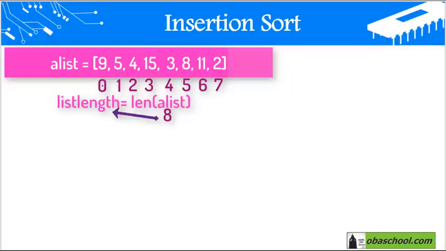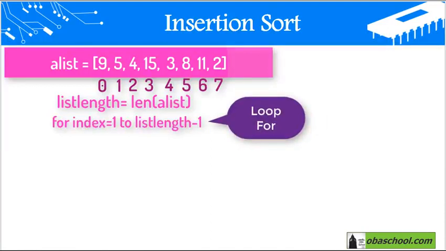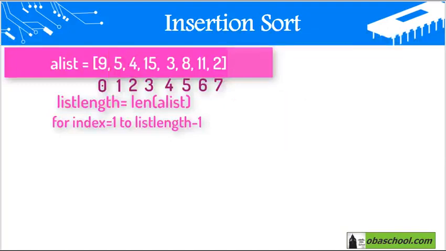Now we will continue to the for loop to sort the numbers by comparing them. First, we have 4. Now we are writing the loop. We take the index 1, which is the position for number 5, to list length minus 1.